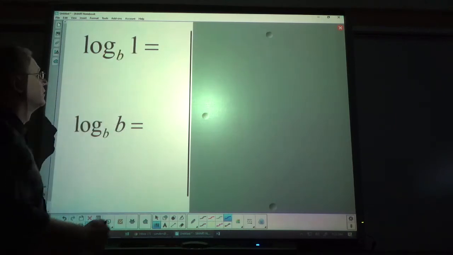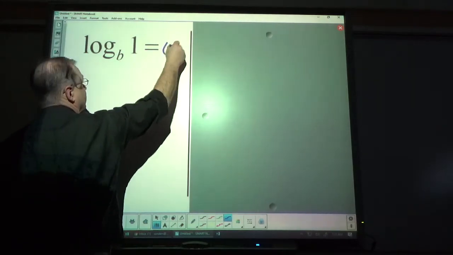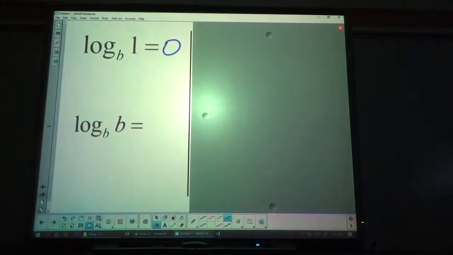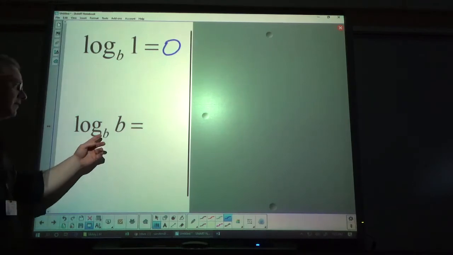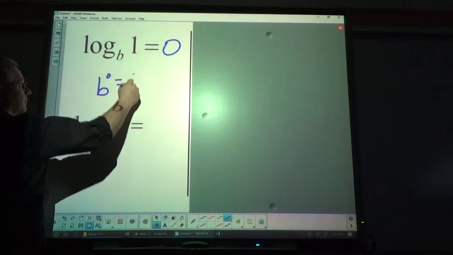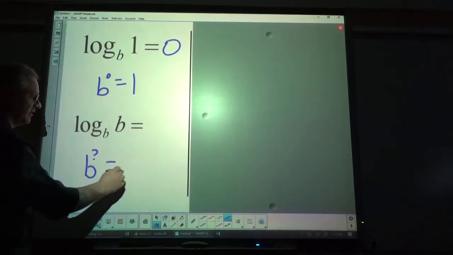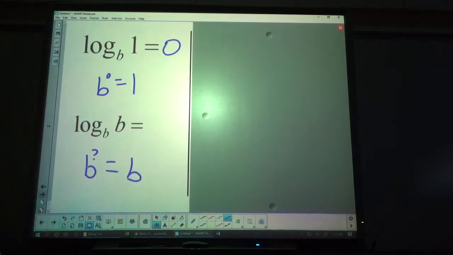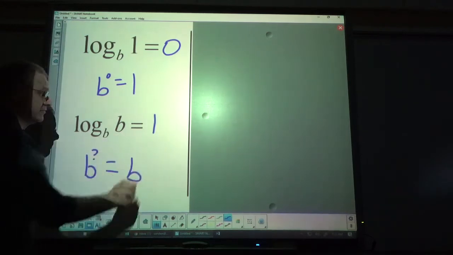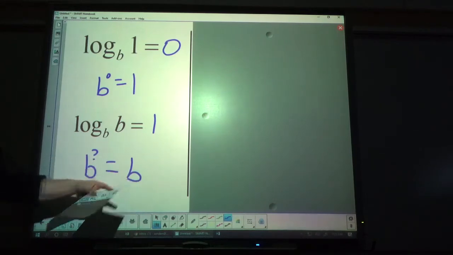So if you're taking the log of 1, the answer is 0, because b to the 0 equals 1. B to what power equals b? B to the first, because only b to the first equals b.